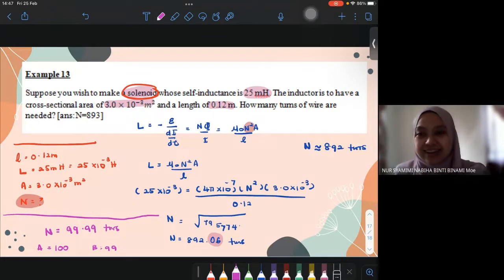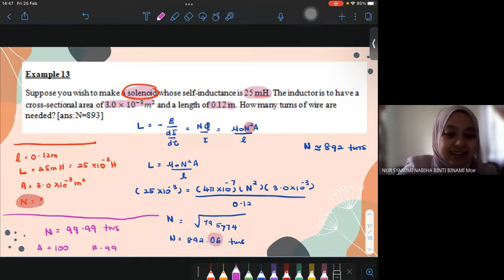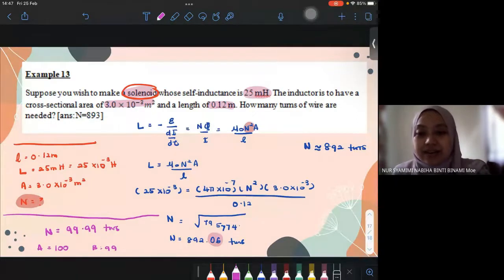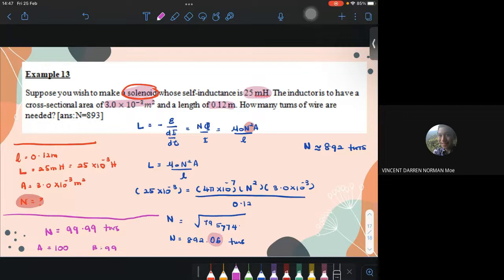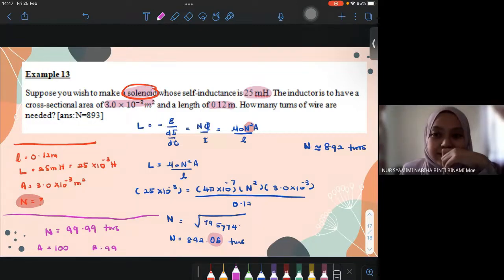Cuba kamu try jawab. Is it 100 or 99? 99. Okay, jawab dekat poll.